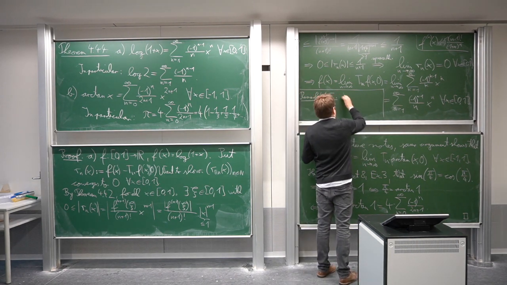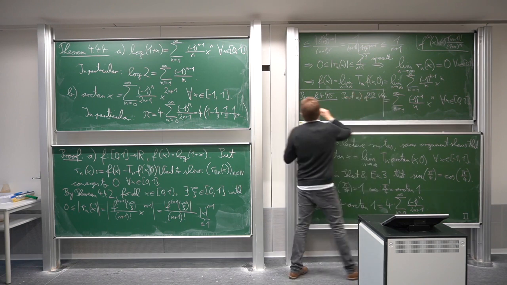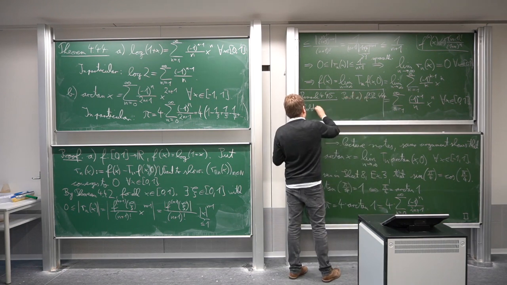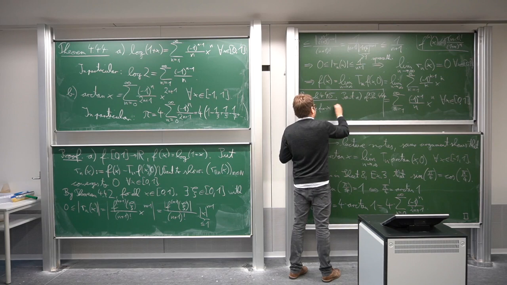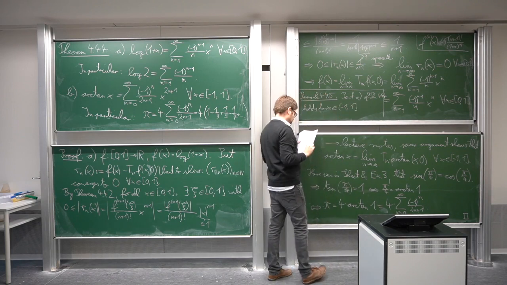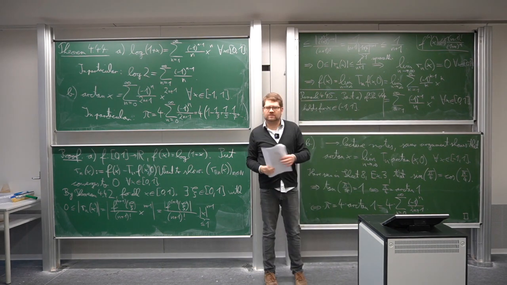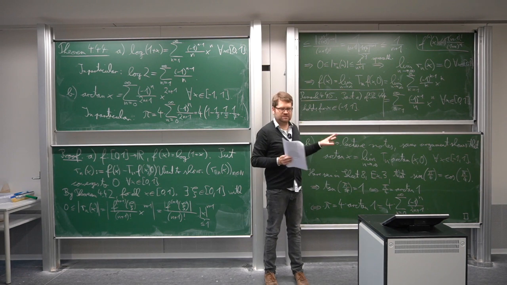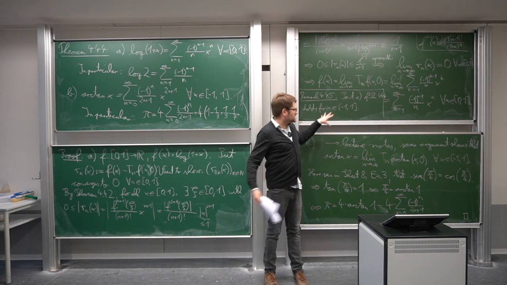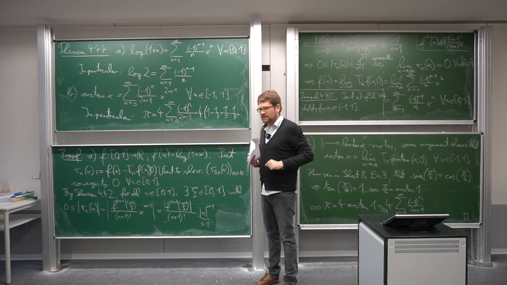Actually, part A of the previous theorem, the logarithm formula of Theorem 444, holds for more x, namely for x between -1 and 1, with -1 not included but 1 included. But we cannot prove this at this point. We need some additional techniques. I cannot prove this with the methods so far. If you find it in a textbook, this might be stated for these x as well, but we can't prove this right now.